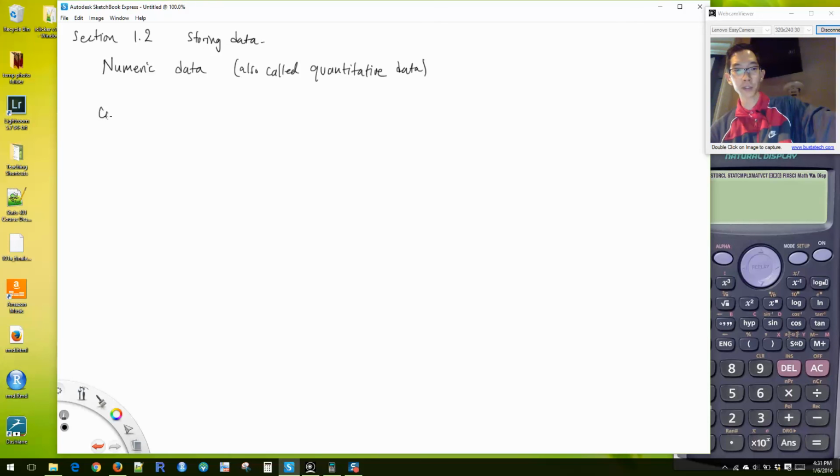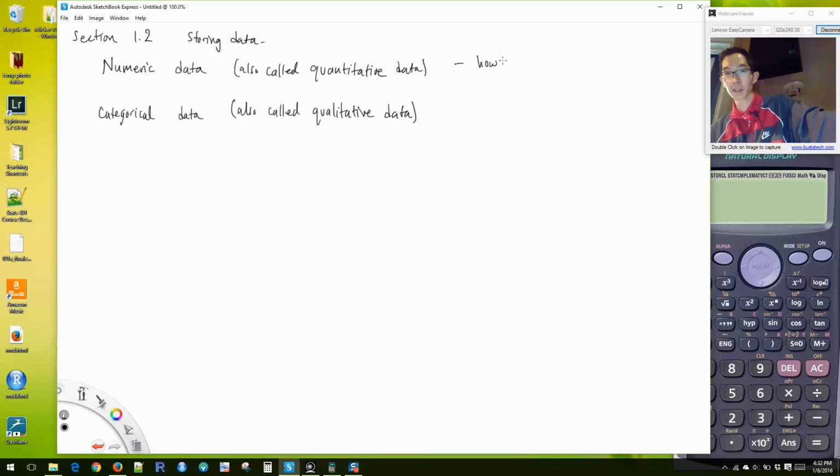And you have categorical data, and this is also called qualitative data. Okay. Numeric data measures a quantity, or how much or how many. They tell us how much or how many. Whereas categorical data tell us what type or what kind.